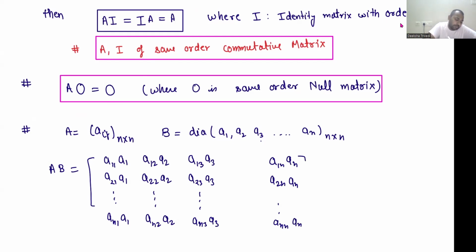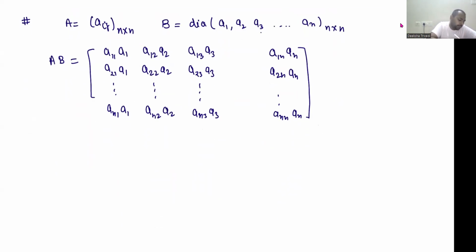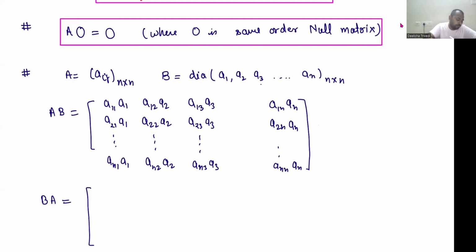If we do AB, and if we do BA, then what happens? If we do BA, then this A1 is multiplied with all elements in the first row.